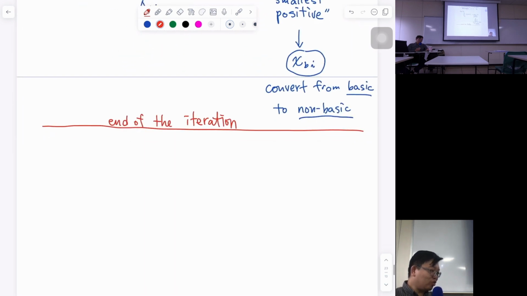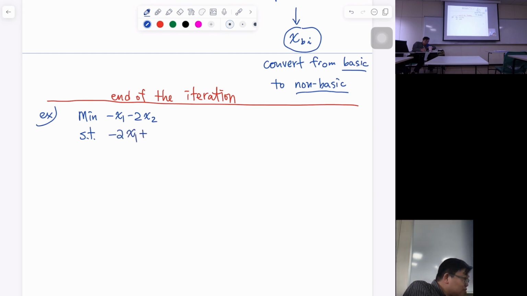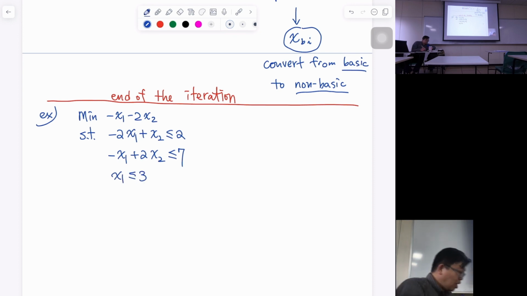So we really need to do one example, then you know what's going on. Now, one example. Let's try to minimize negative x1, negative x2, subject to the following. So here's the linear constraint problem.